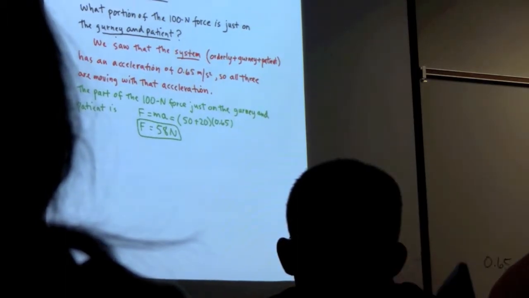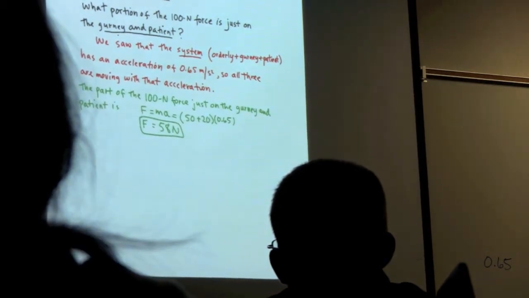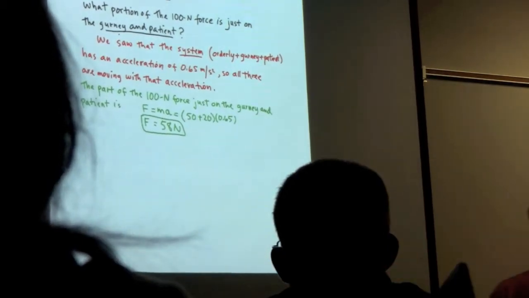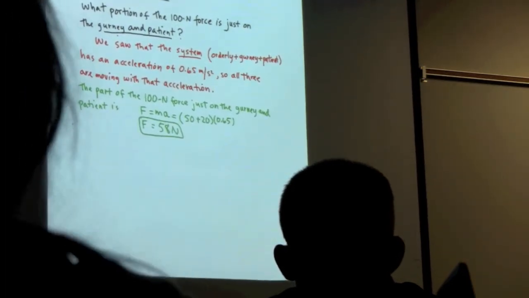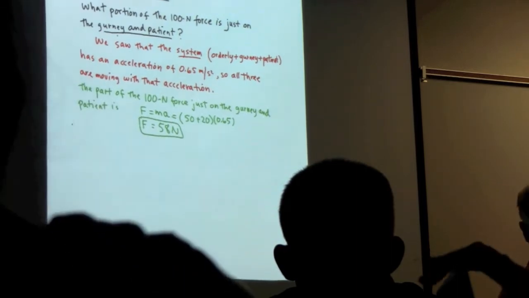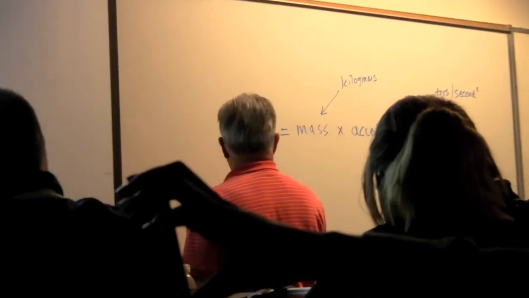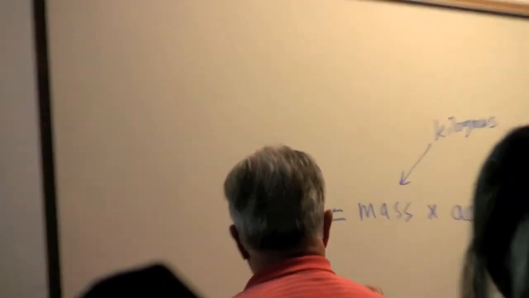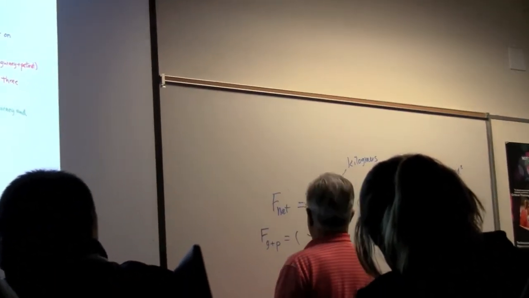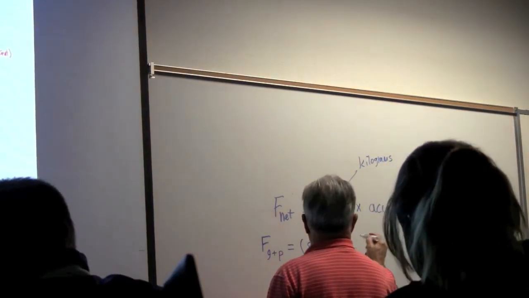Maybe I should write that over here so you guys can see that. All right, because now we know what the acceleration of the system is. So the force on the gurney and the patient, these two, is going to equal the mass of those two, which is 80 and 50, multiplied by the acceleration.